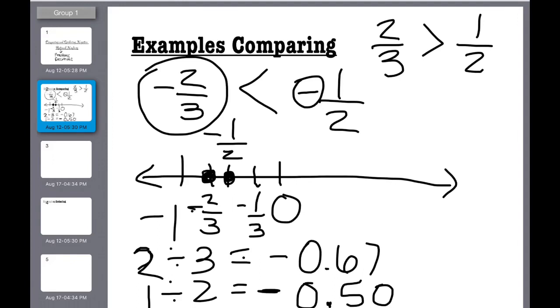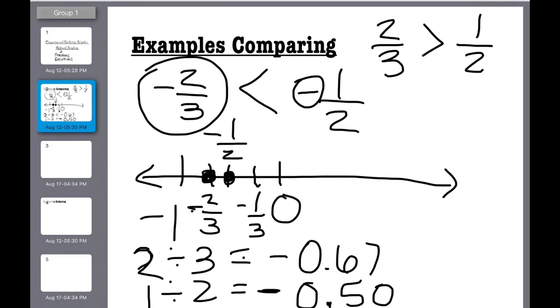So again, you can think about money. You could think about 50 cents and 67 cents. Now, 67 cents, if it's positive, is more. But think about it as owing. Would you rather owe somebody 67 cents or would you rather owe somebody 50 cents? 50 cents is less to owe, so it makes the number greater.